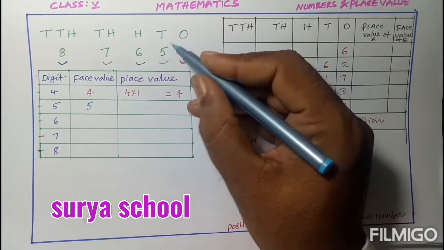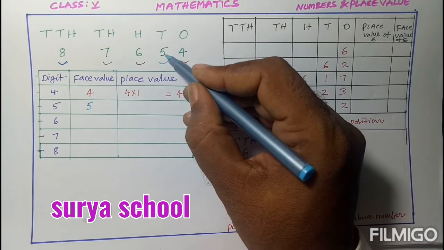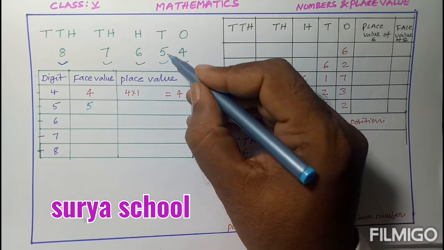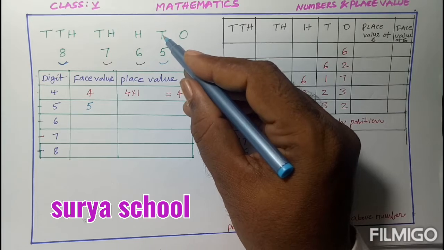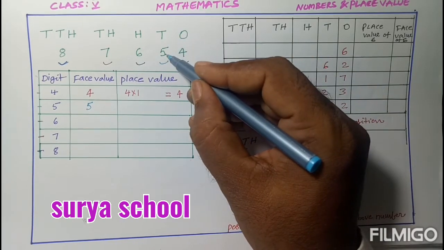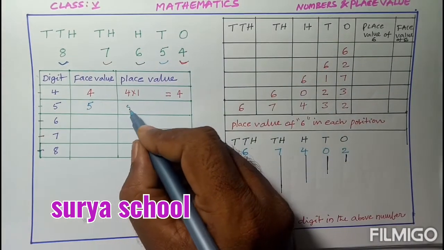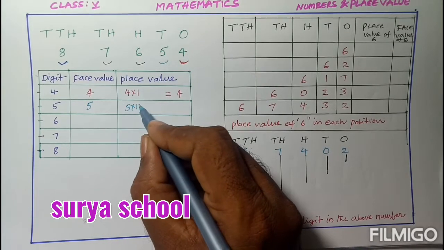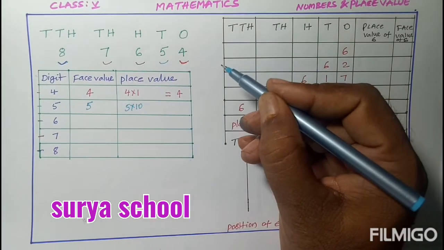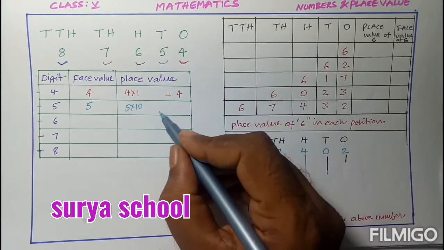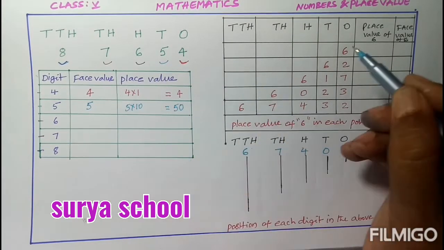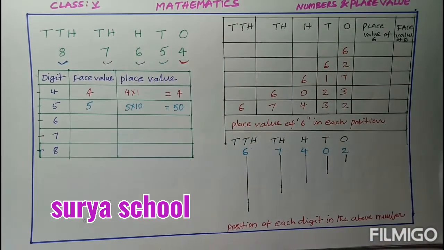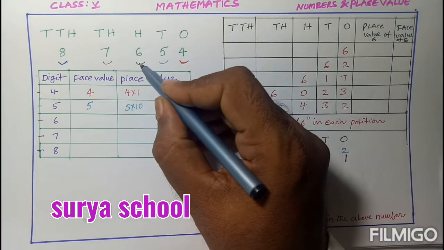Place value means the position of this digit. The position of this digit is in tens place, so we have to multiply this digit by 10. So its place value is how much? 50.